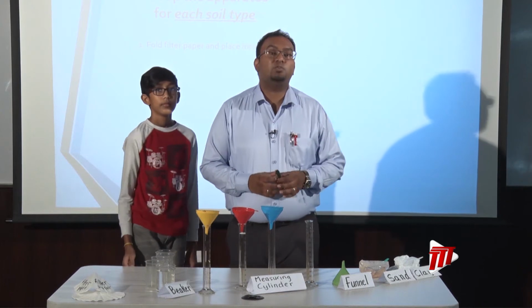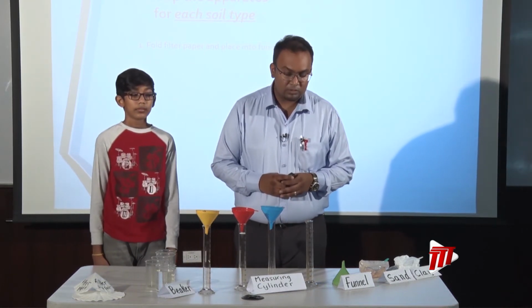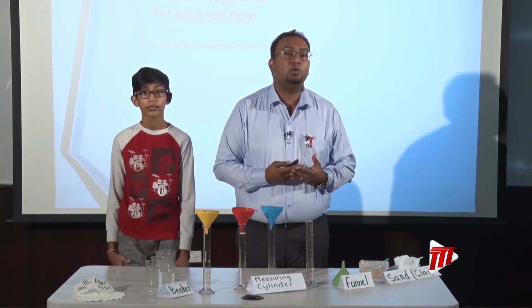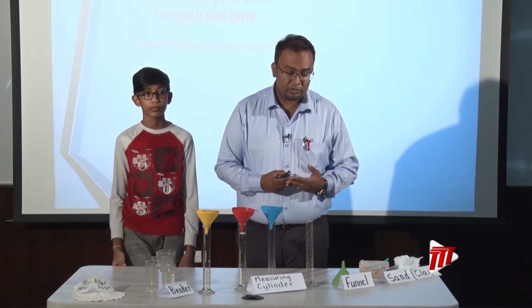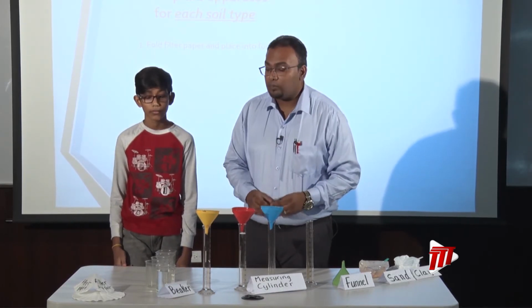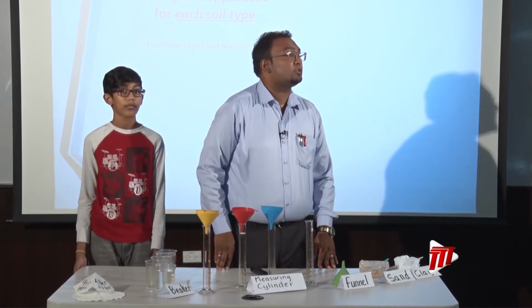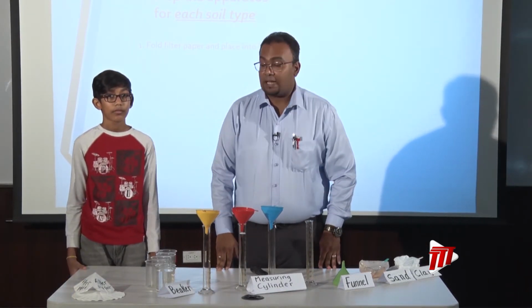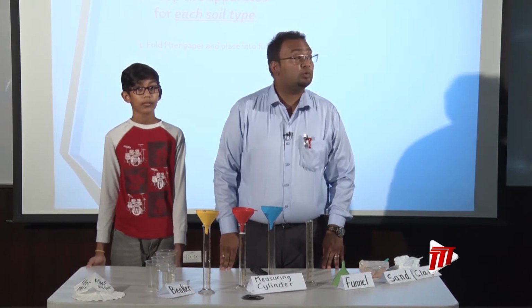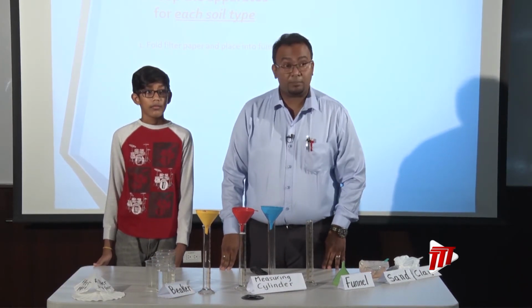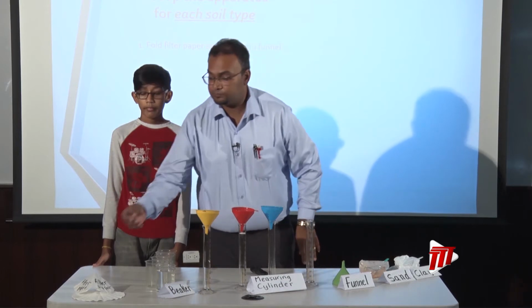But just as we had a certain way to look at and use the measuring cylinder, when we use a filter paper, we need to use it in a funnel, and there's a special way to use a filter paper properly in a funnel.